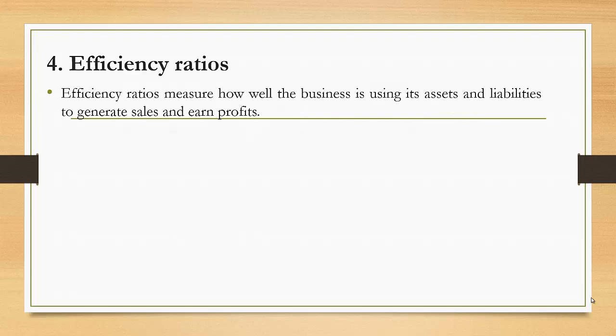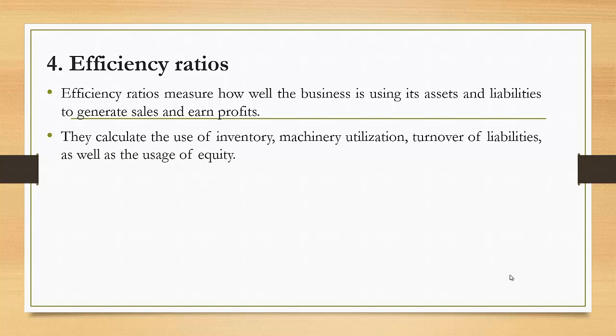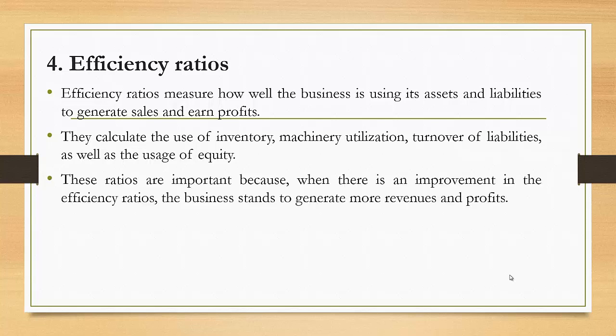Viewers, efficiency ratios measure how well the business is using its assets and liabilities to generate sales and earn profit. They calculate the use of inventory, machinery utilization, turnover of liabilities, as well as the usage of equity.